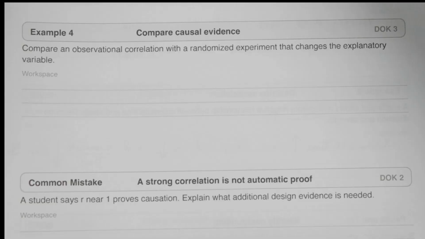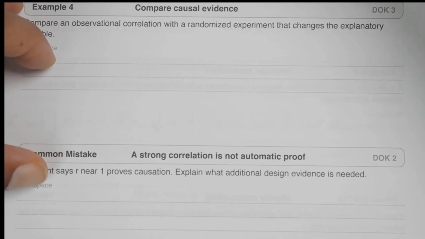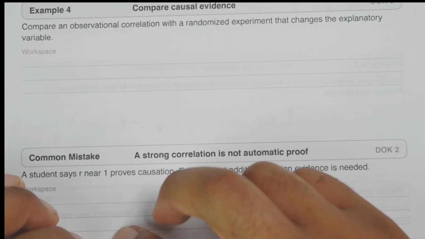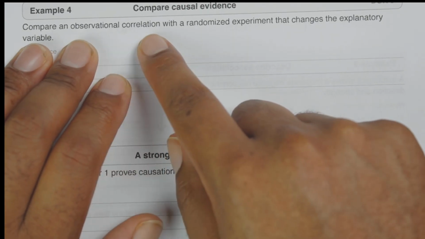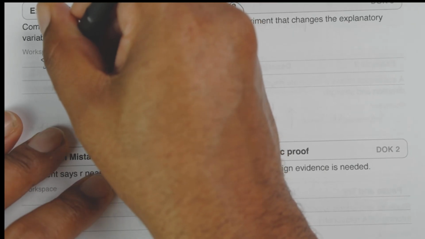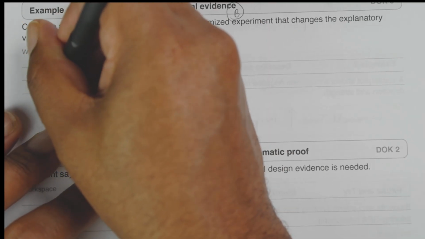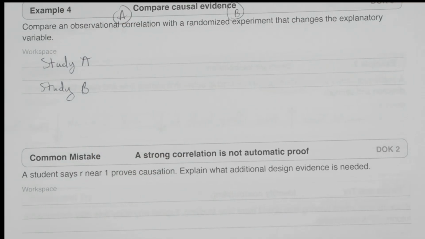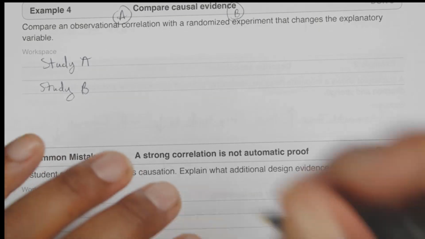Example number 4, compare causal evidence. Now we're going to compare two studies. Compare an observational correlation with a randomized experiment that changes the explanatory variable. We'll label them study A and study B. Study A, let's say researchers simply observe two variables and find a correlation, right?